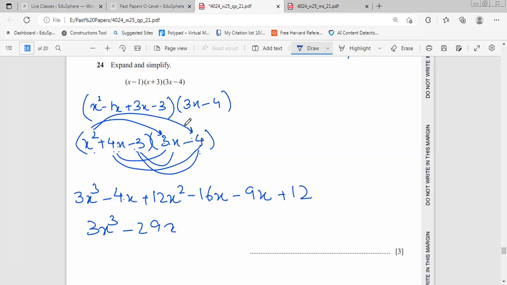Okay, x squared with 4 is minus 4x squared. Sorry, I made a mistake here. So it will be minus 4x squared. And then 4x with 4 is minus 16x. 4x with 3 is plus 12x squared. Let me just quickly check.